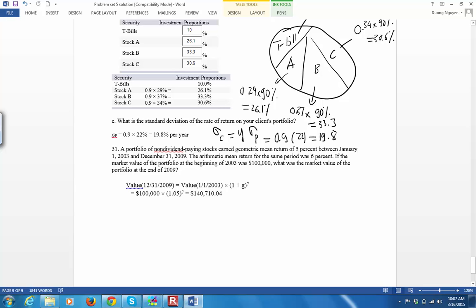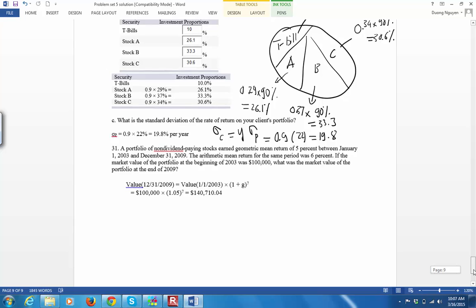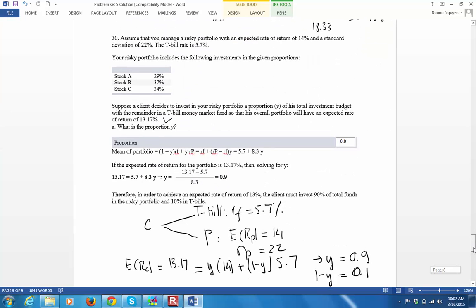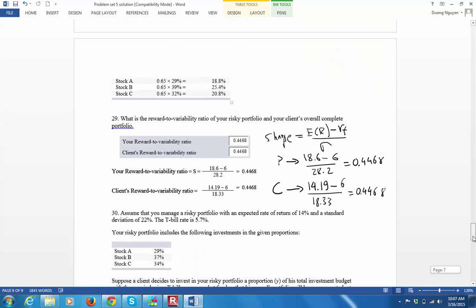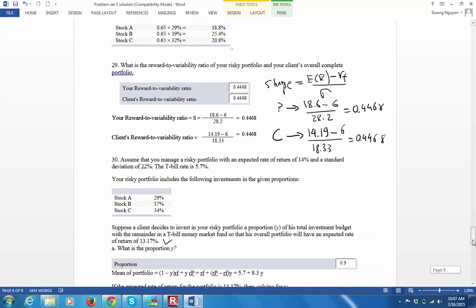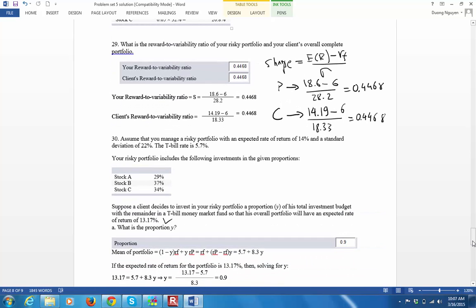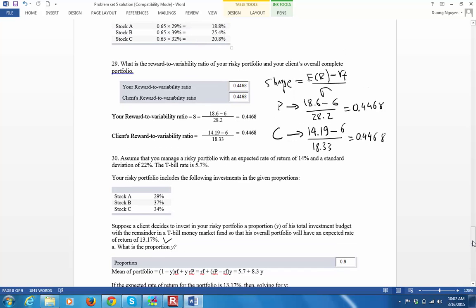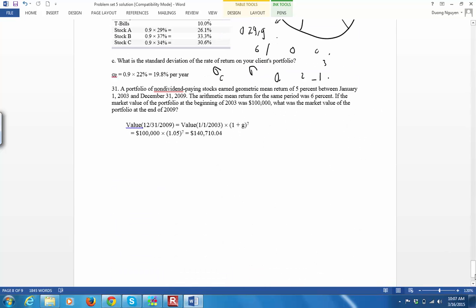The standard deviation of portfolio P is 22%, given at the beginning, right here.